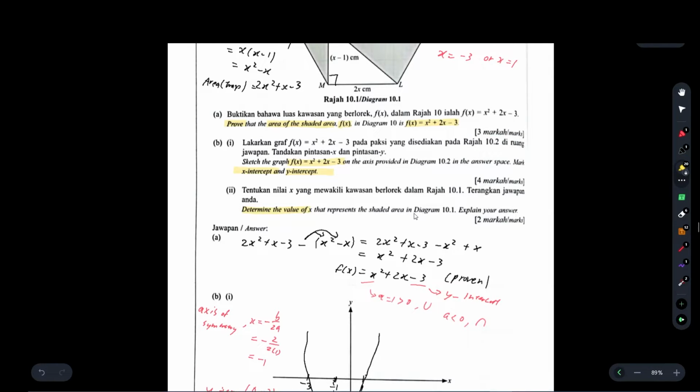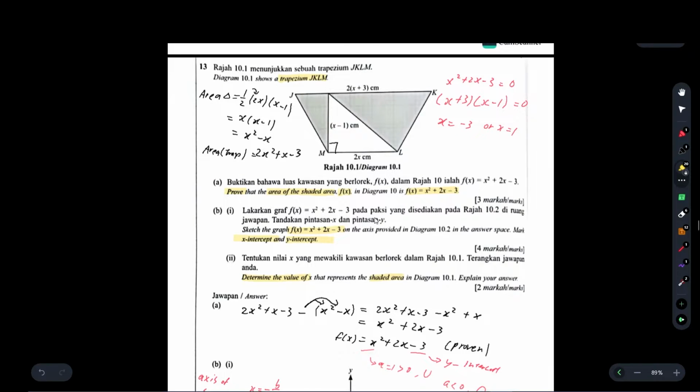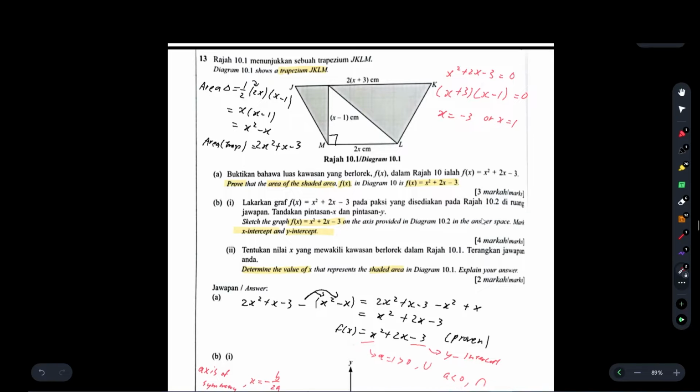Okay, so let's look at the next question. Determine the value of S that represents the shaded area. So just now we already factorized this quadratic equation, right? So we have x equals -3 or x equals 1.